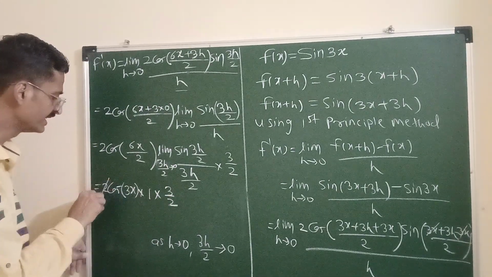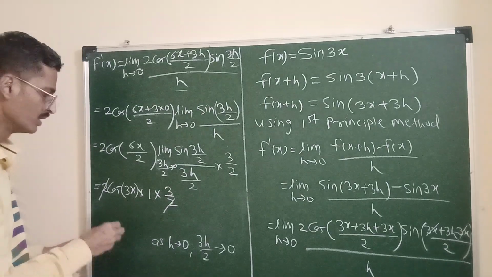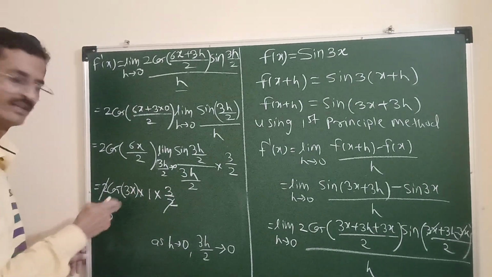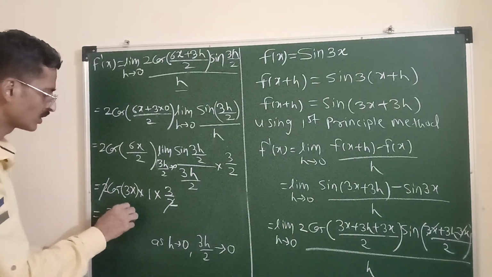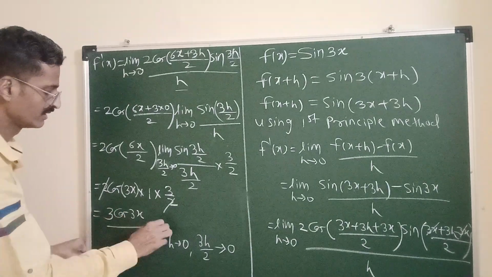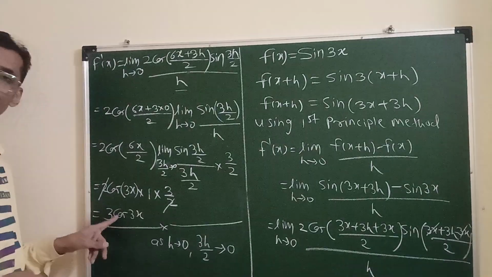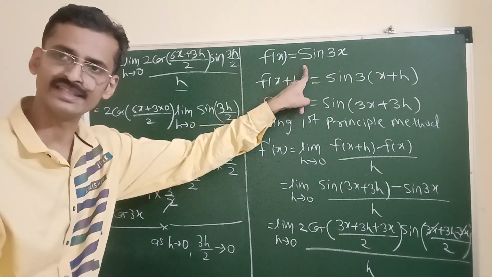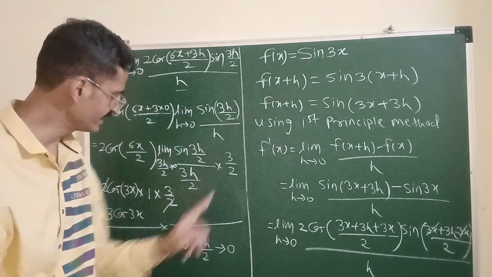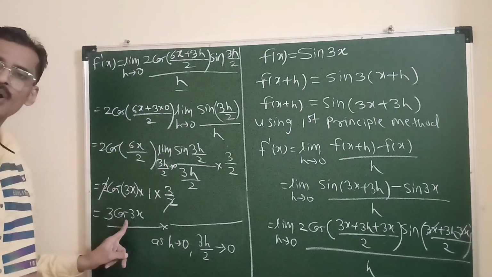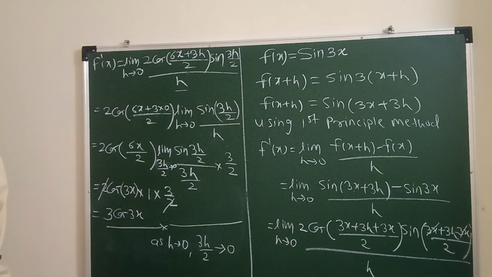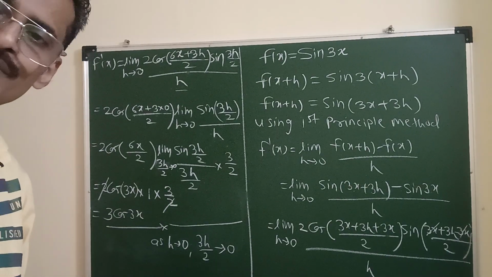So we can cancel this 2 and 2. So the answer is 3 into 1 into cos 3x. So that is the derivative of this f of x, that is sine 3x. The answer is 3 into cos 3x. Okay, so bye.